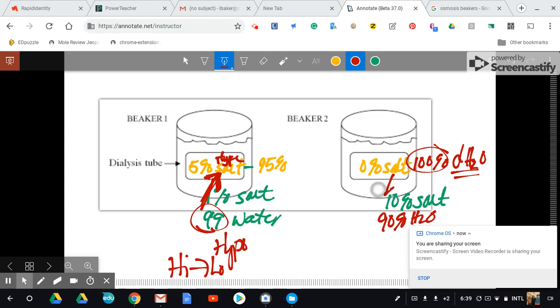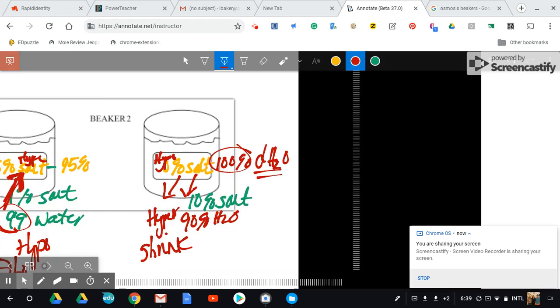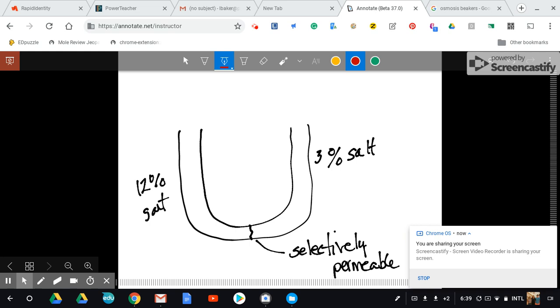So water is going to be pulled out of that dialysis tube. This is considered hypo, whereas the solution itself is hyper. So this one is going to shrink and this one is going to swell. All right, one more picture and then I'm going to stop.